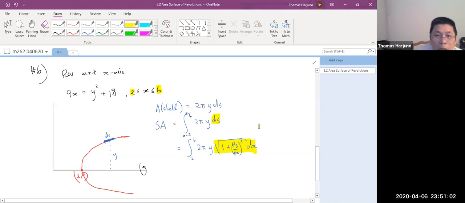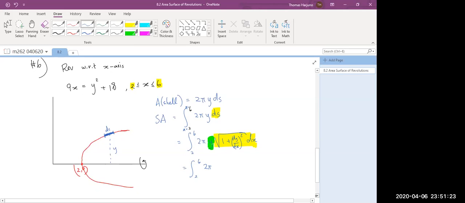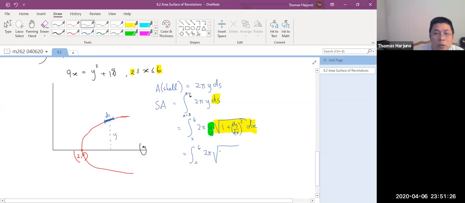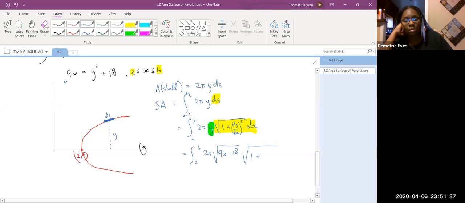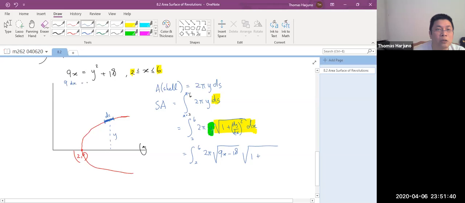Now, I bump into an issue here. Y is a function of x, so I need to change this y too. So that's integral from 2 to 6, 2 pi, what is my y? Root 9x minus 18. And then how about the one here? That's 1 plus, this is 9 dx equals to 2y dy.